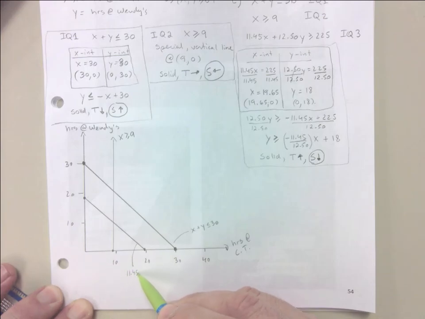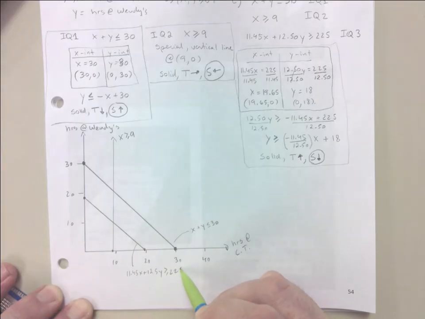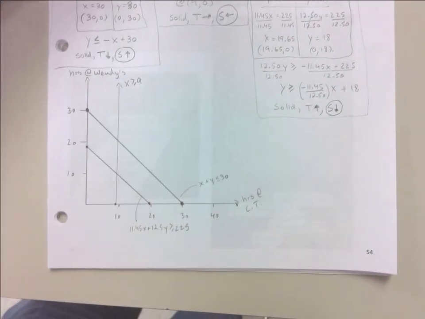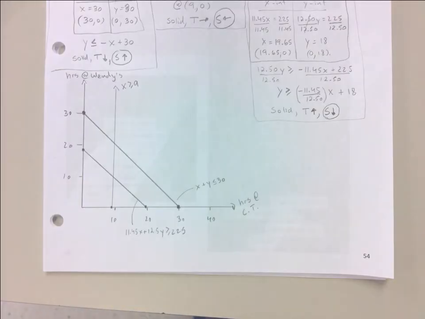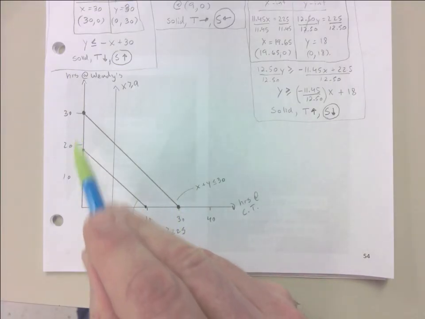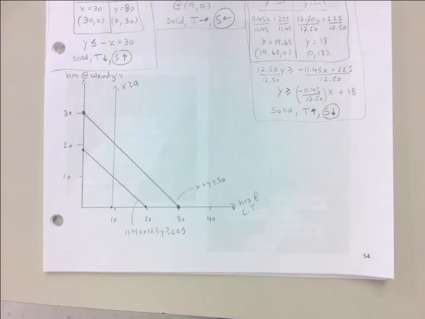I'm going to write 1145x plus 1250y is greater than or equal to 225. Notice that I'm staying in the first quadrant, right? My lines aren't running out past it. I actually stop.